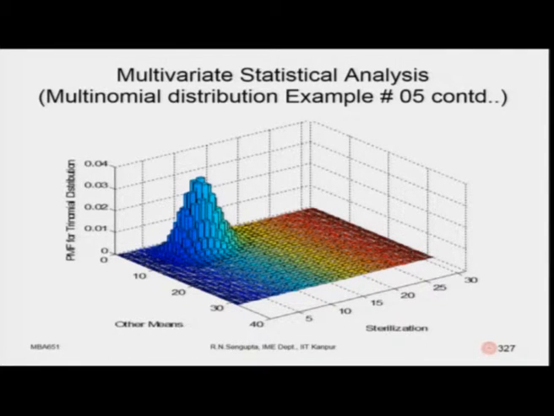So, I plot sterilization along the x axis. I am just marking it, other methods along, say for example, the y axis, and basically I consider the probability mass function for the trinomial distribution considering some values of x1, x2, x3. So, I keep changing, probabilities are fixed, remember P1, P2, P3 are fixed.